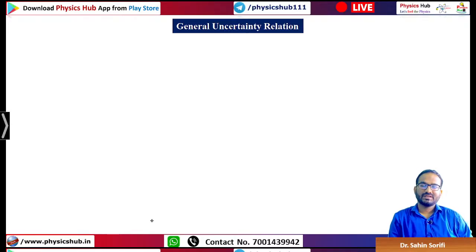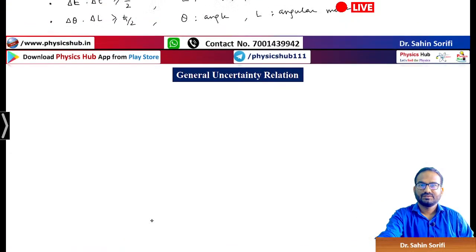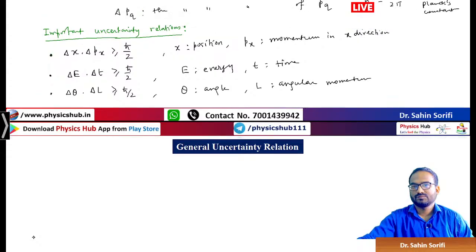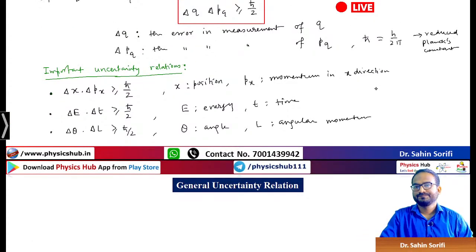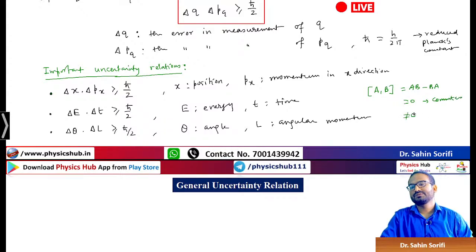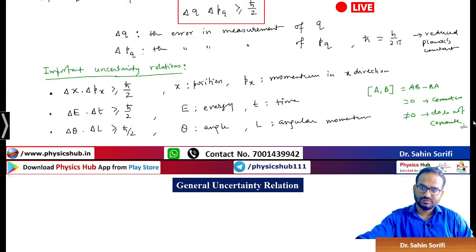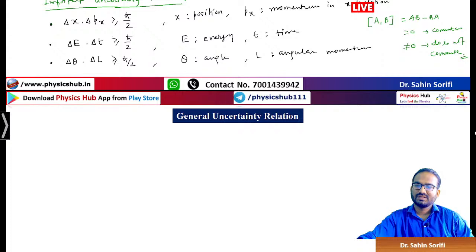Commutation of AB is equal to AB minus BA, you know it. If this is 0, it means they commute. If it is not equal to 0, it means they do not commute. You know commute and does not commute.